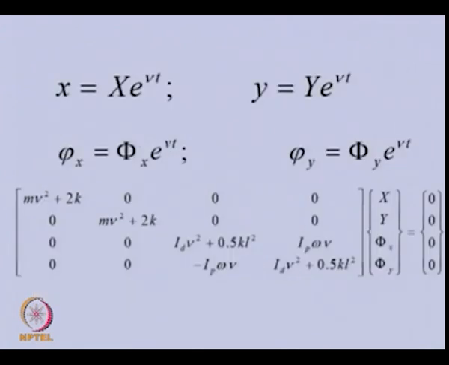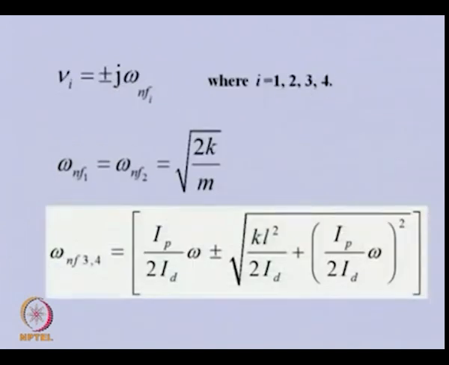So, if we assume the solution in this form, we can substitute in the previous equation, and on the same line as in the previous case, we get this particular homogeneous equation. If we want a non-trivial solution, we need to keep the determinant equal to 0.